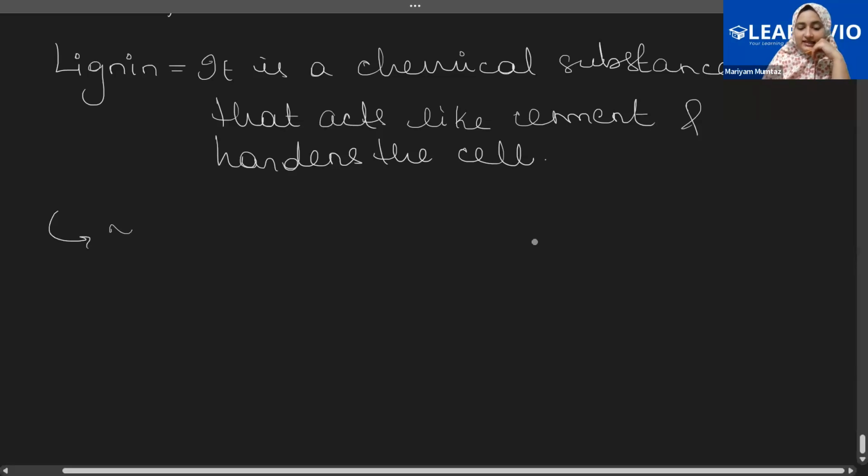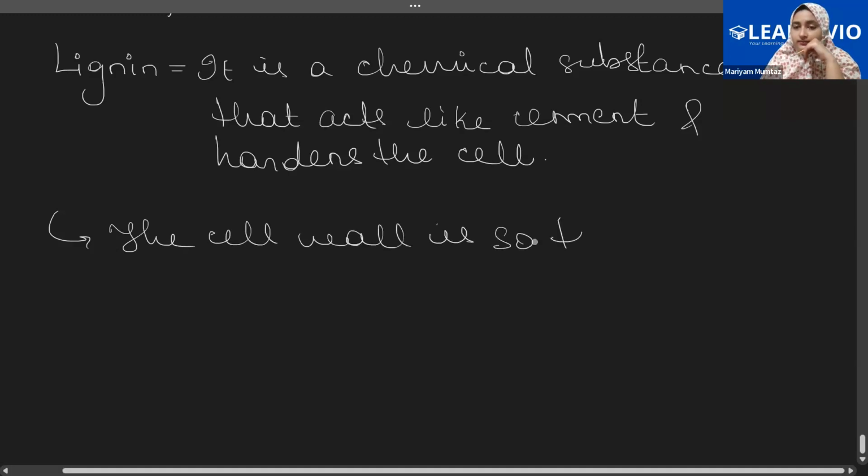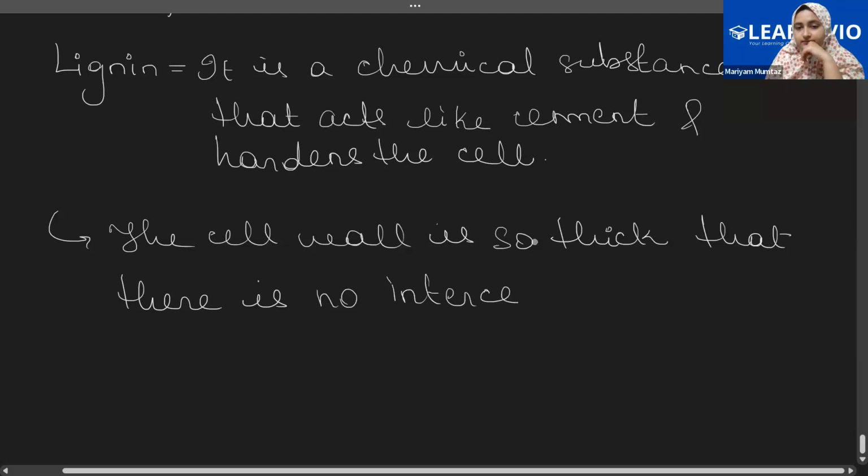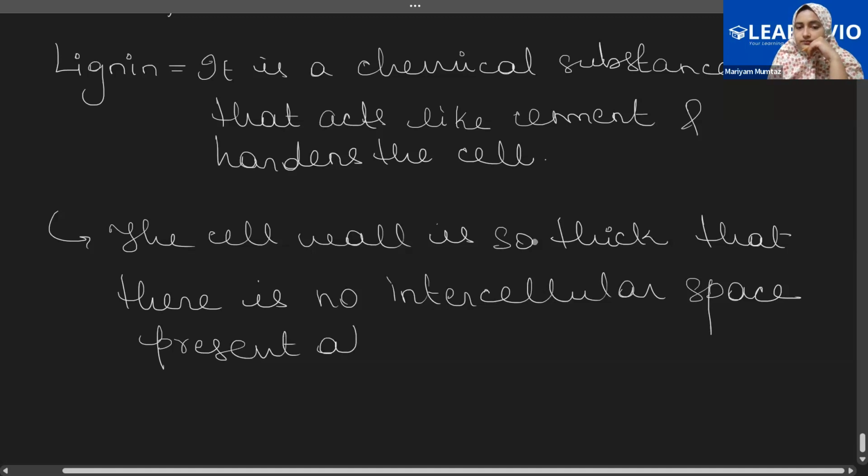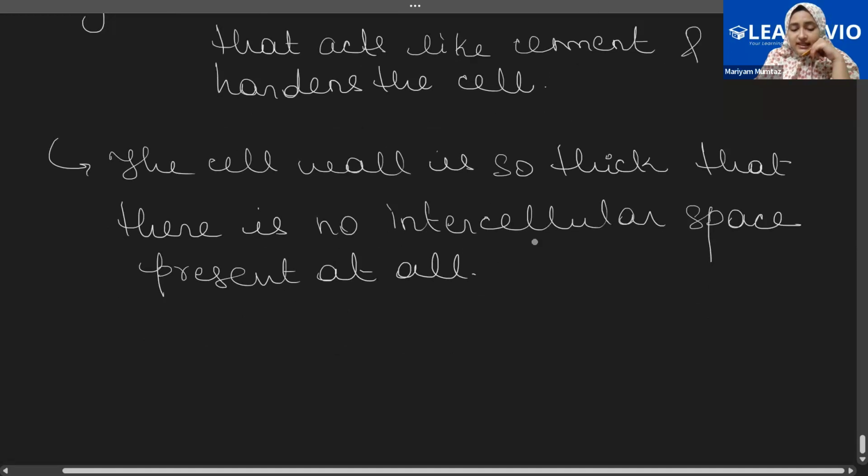So we'll say that the cell wall is so thick that there is no intercellular space present at all. No intercellular spaces are present in the case of the sclerenchyma.